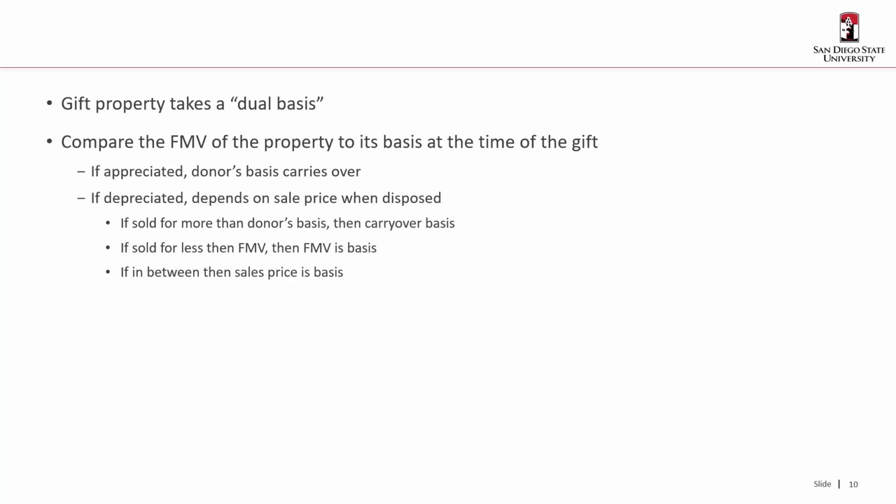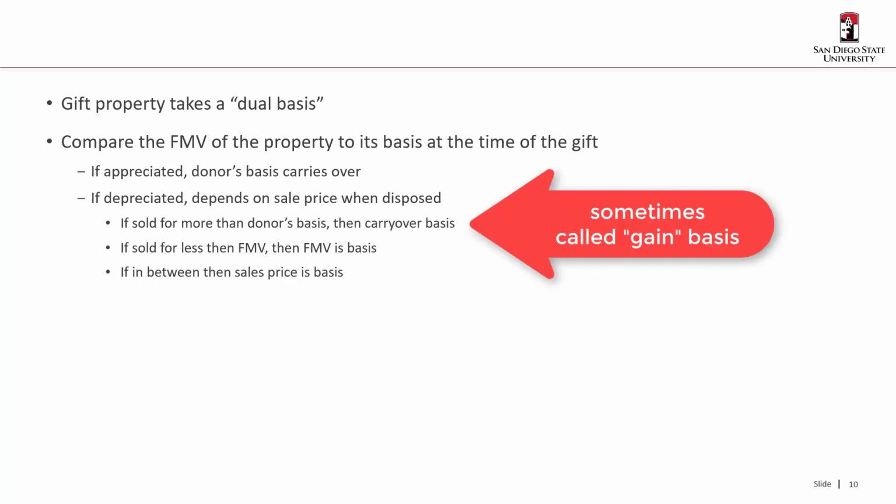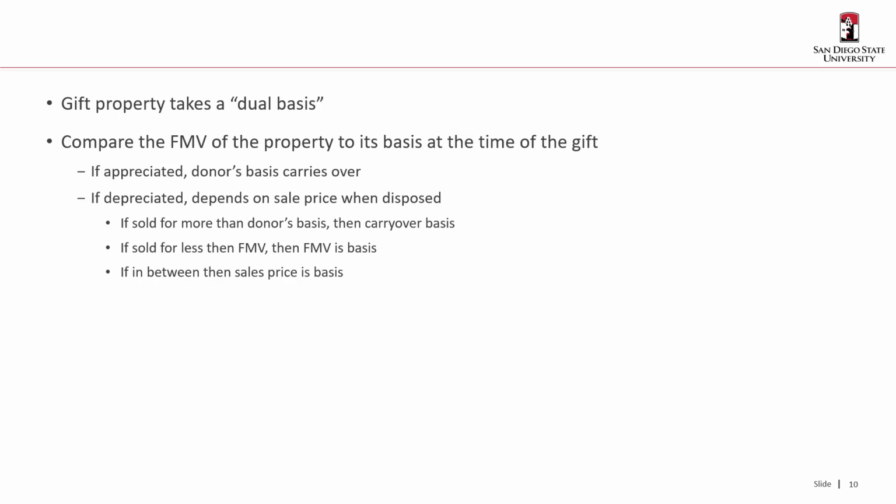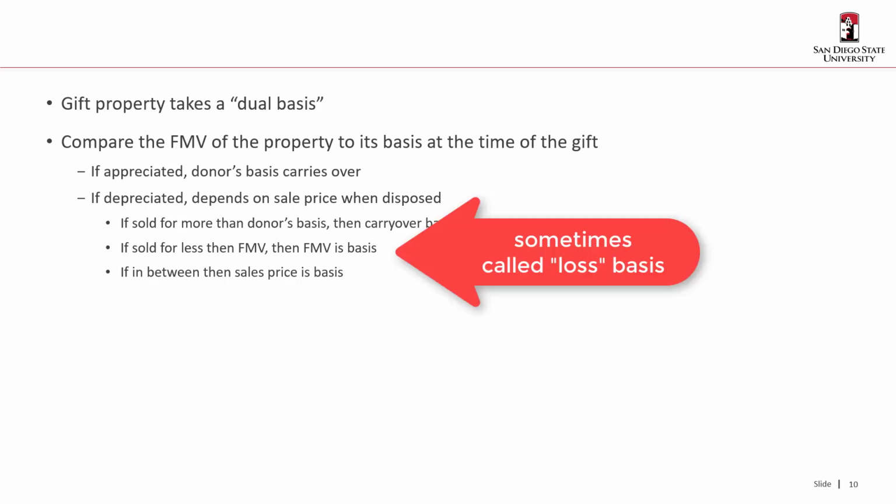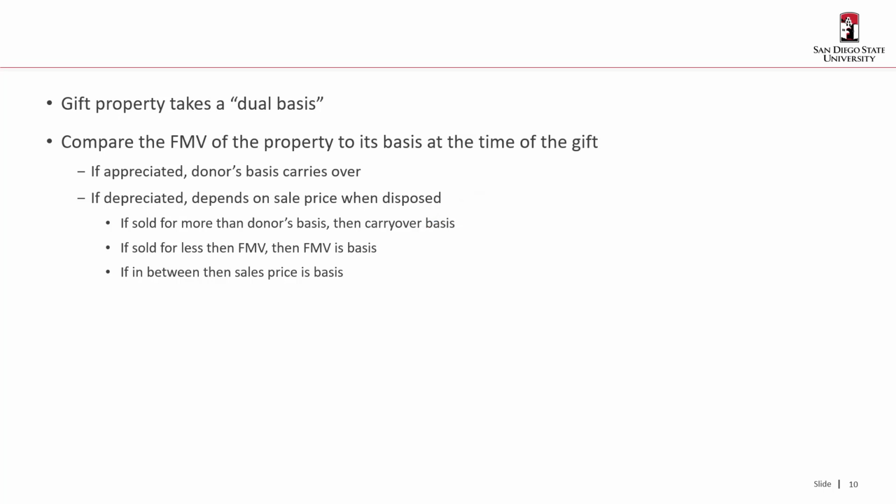If, on the other hand, the fair market value is less than the basis at the time of the gift, then the basis you would take depends on the sale price when you dispose of it. So if it's sold for more than the donor's basis, then the basis carries over. If it's sold for less than the fair market value, then the fair market value is basis. However, if it's in between, then the sales price is the basis.